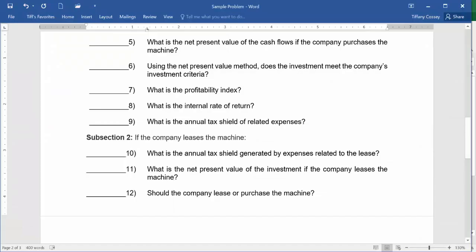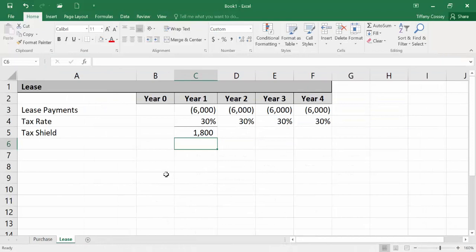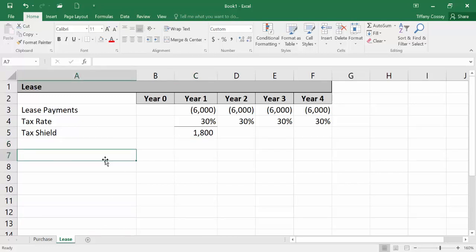Then I look at question number 11. It wants to know, what is the net present value of the investment if the company leases the machine? So if the company leases the machine, we have to take into consideration all of the cash inflows and outflows to get to the net present value. So we would have the revenues from the machine.